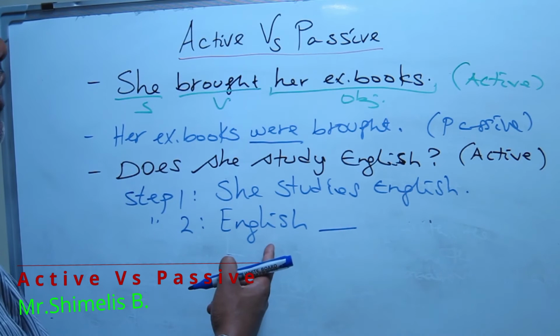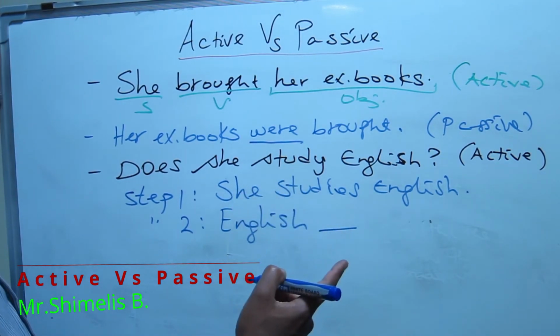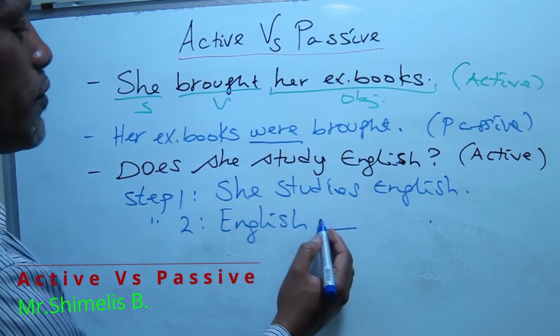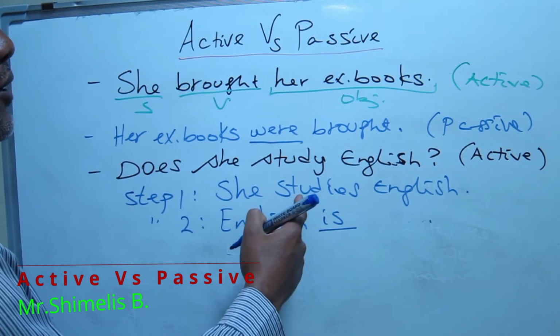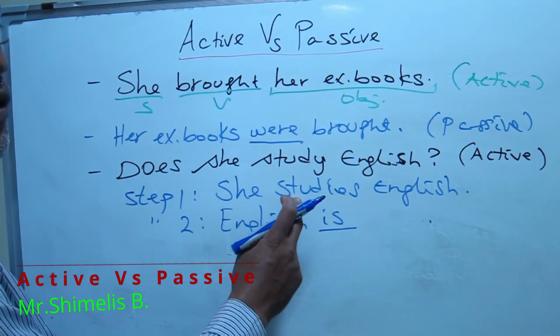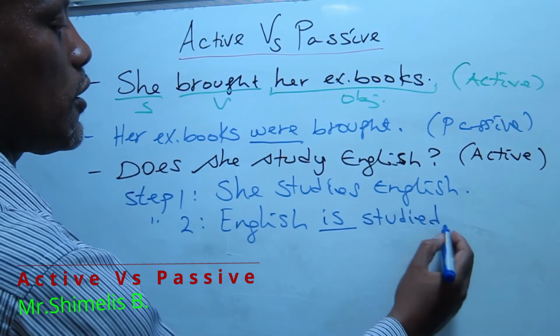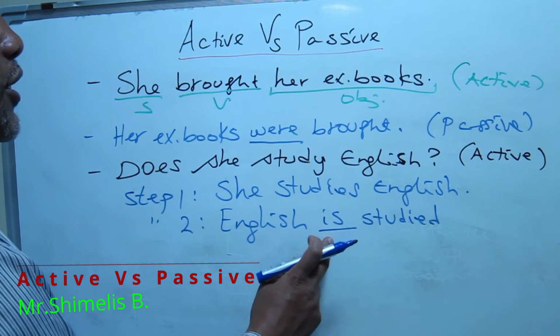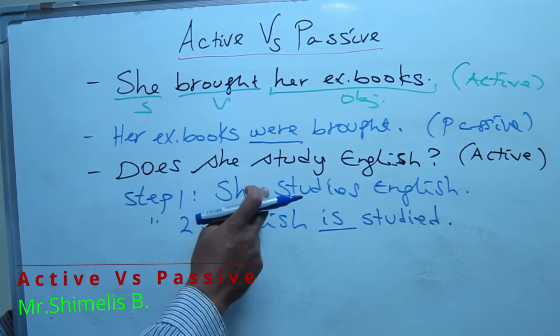English is singular, studies is simple present tense, so we use the present and singular form of verb to be, that is, English is. And in the third rule we change studies to past participle, that is studied. English is studied. That's the passive form for the declarative.